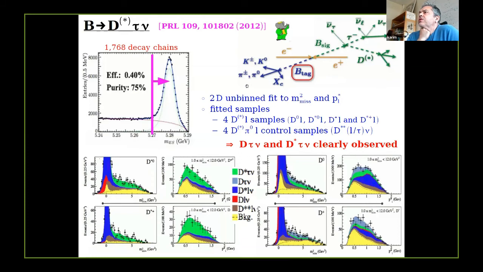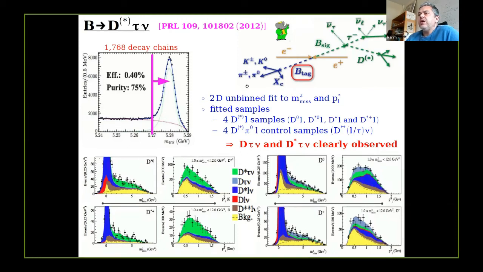So this is just as an illustration of one of the first measurements, among the first and latest measurements of BaBar using all the statistics available. And here, why I show this measurement is that it was the first to claim a deviation from the standard model.